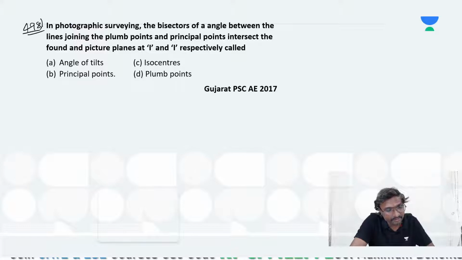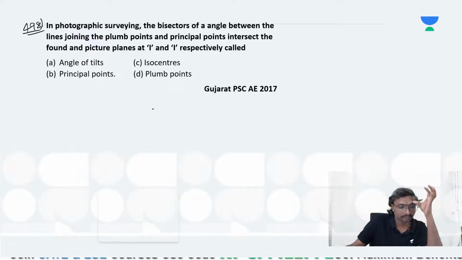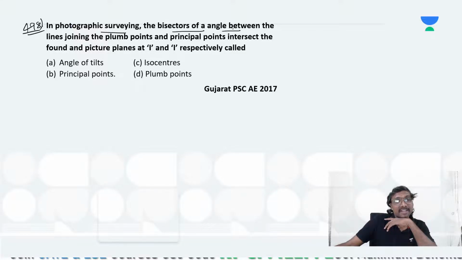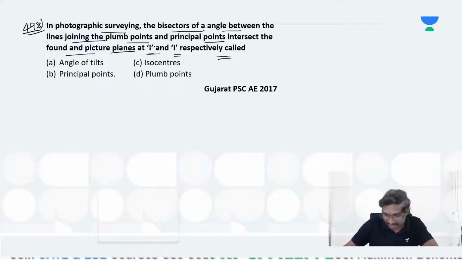In photographic surveying, the bisectors of the angle between the lines joining the plumb points and the principal points intersect the ground and picture planes at L, I and I respectively, called as, right? What do you call these points?